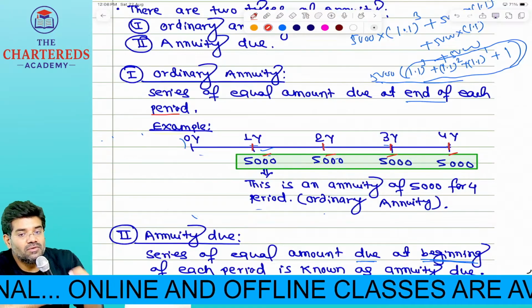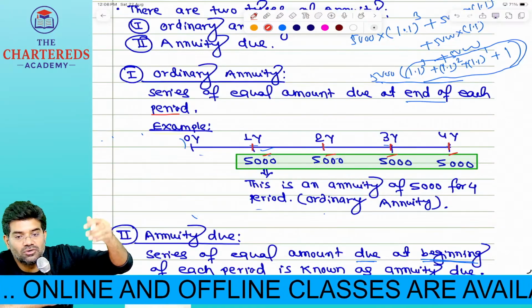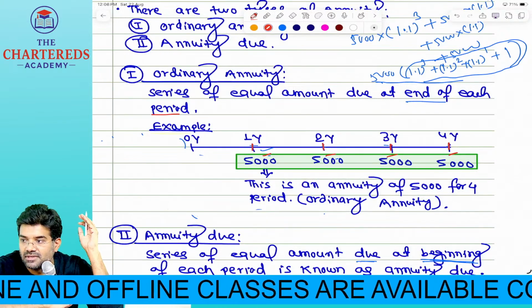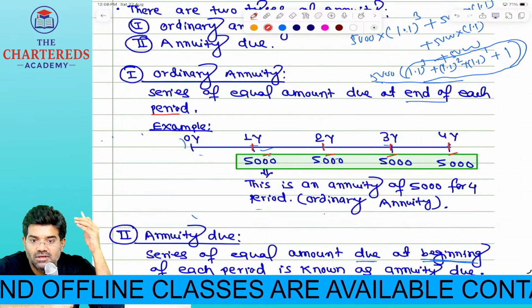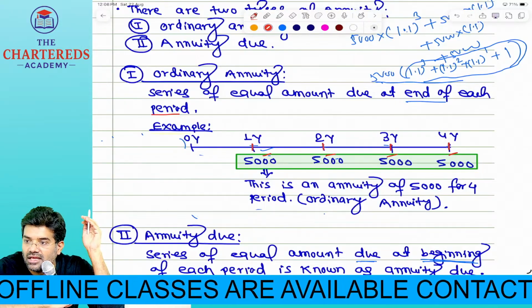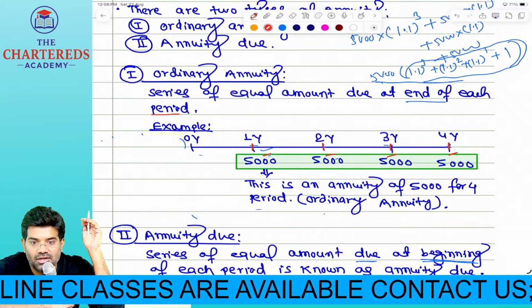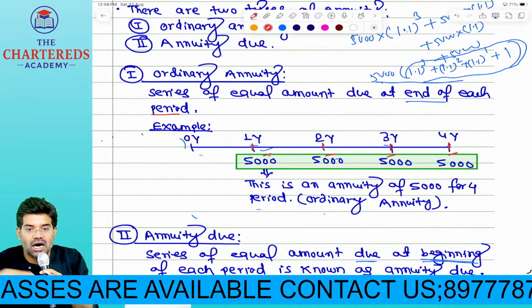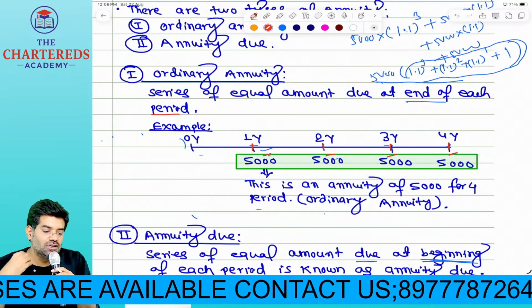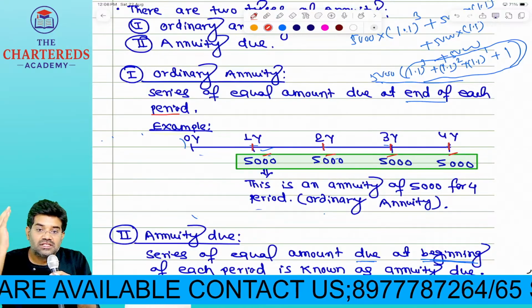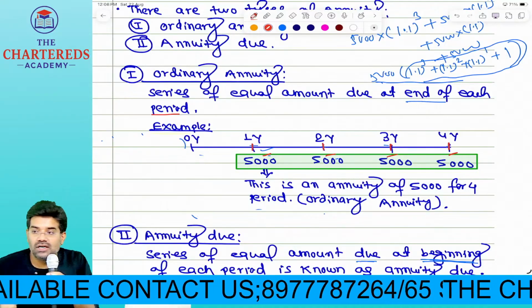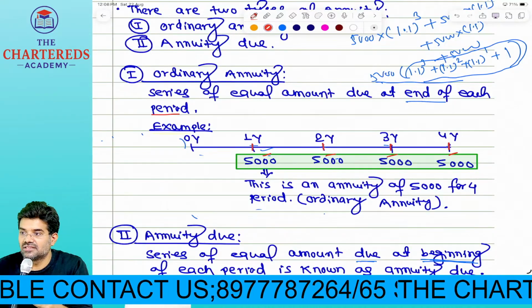So whenever an amount is expected at the end of the first year onwards, equal amount with equal time interval, then I can call it ordinary annuity. Understood? Now the question is, how do I calculate the future value of this 5,000, 5,000, 5,000, 5,000 after 4 years? That is what we need here.